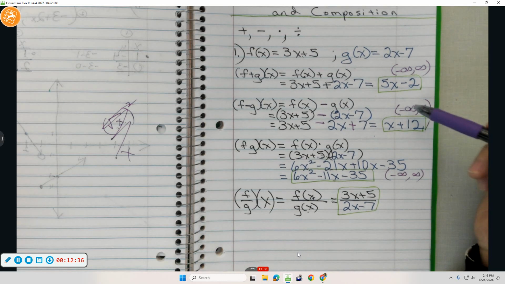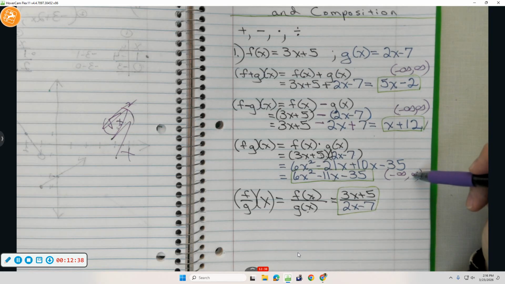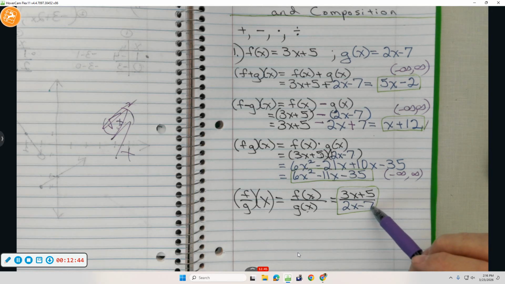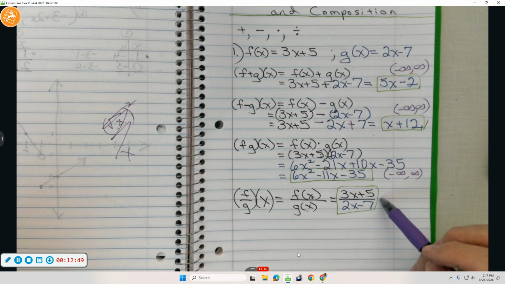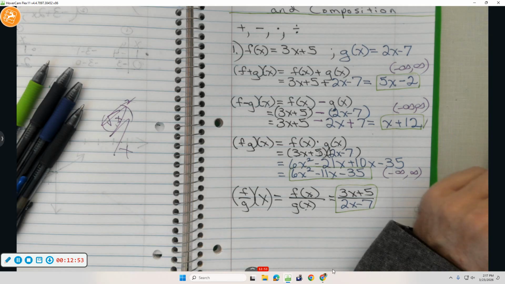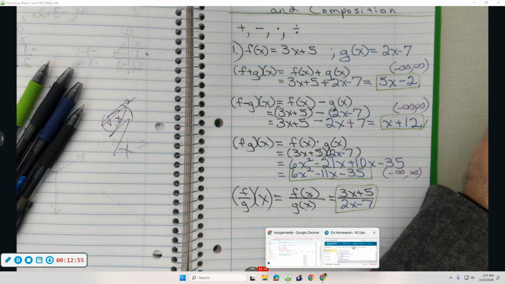So the first three, their domains are all real numbers, negative infinity to positive infinity. While I'm typing those in, you start thinking about f divided by g. What did we do when we had a fraction like this? How do we find the domain? Let me come back over here.